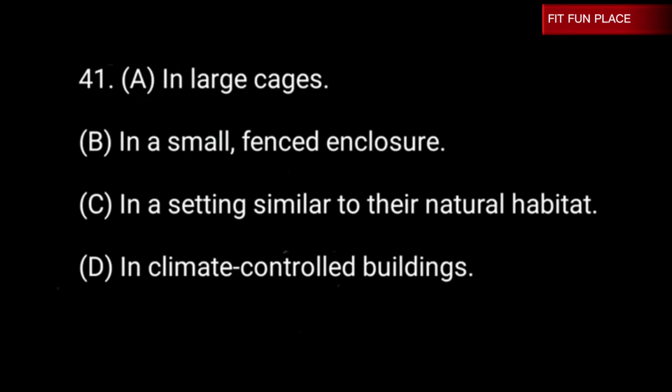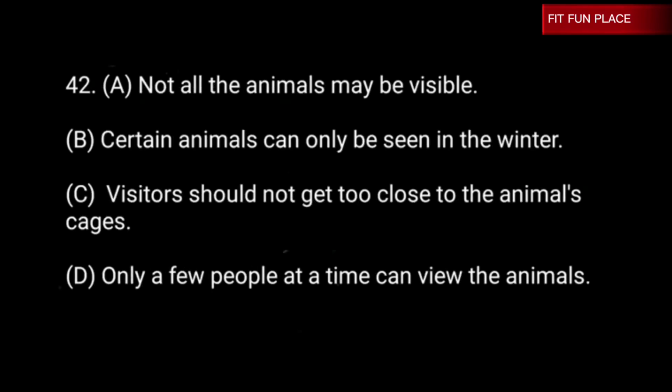Number 41. Where are the animals kept? Number 42. What does the speaker imply about seeing the animals?